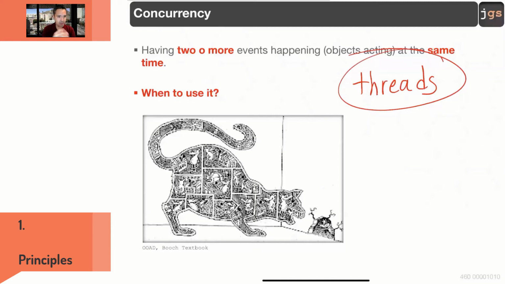Now, in Java, what do we need? What options do we have to work with multiple threads? What do I do as a programmer to create more than one thread in a program in Java? Join is a method in which class?